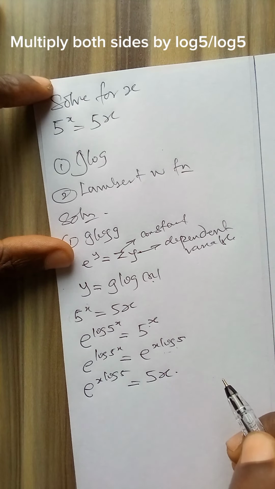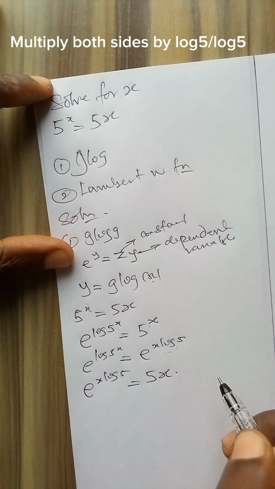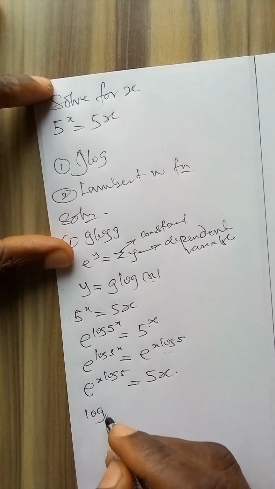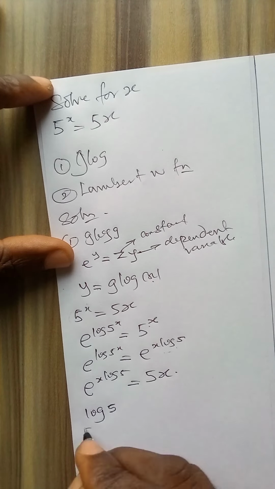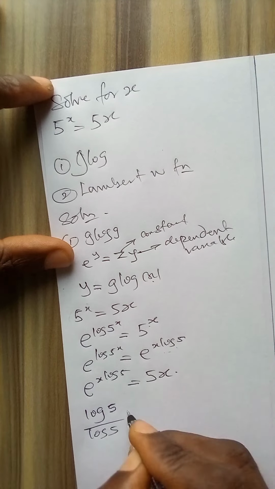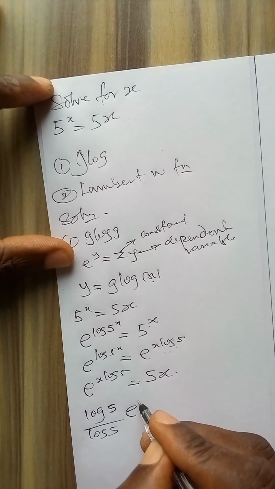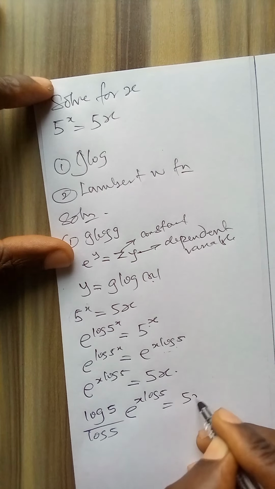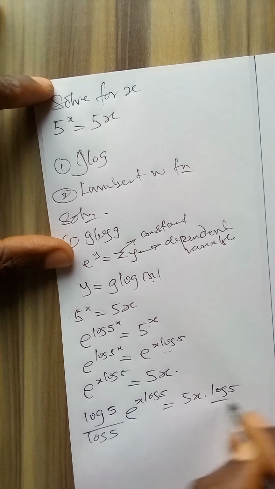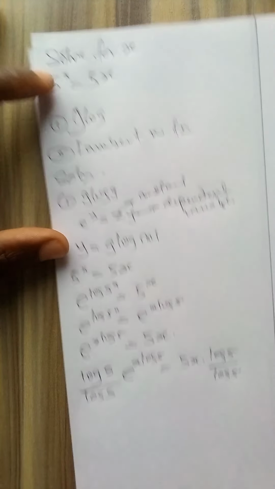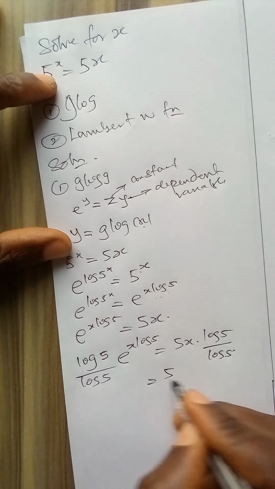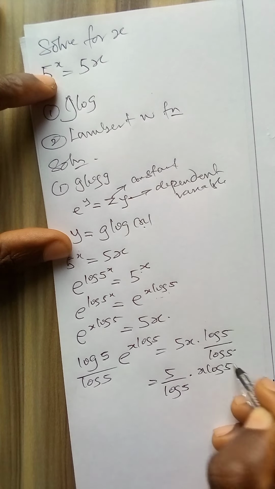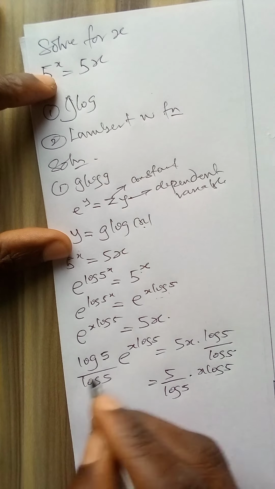The next thing is for us to multiply by log 5 over log 5. So let us multiply the left-hand side by log 5 over log 5, which we later cancel out, and here remains x log 5. And here becomes 5 times x times log 5 over log 5. So let us rewrite this one. Here is 5 over log 5 times x log 5, and log 5 over log 5 is 1.